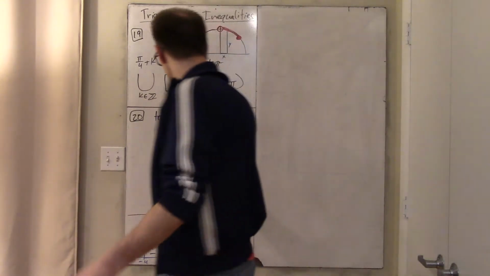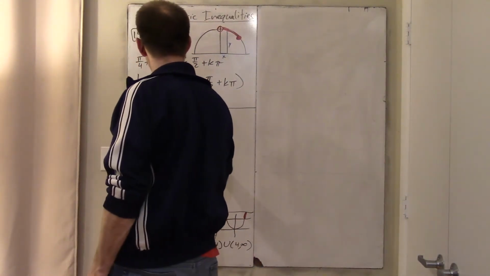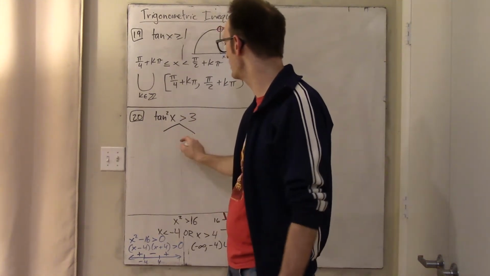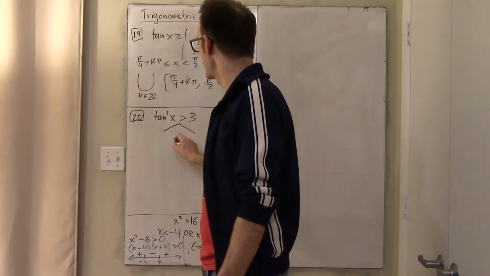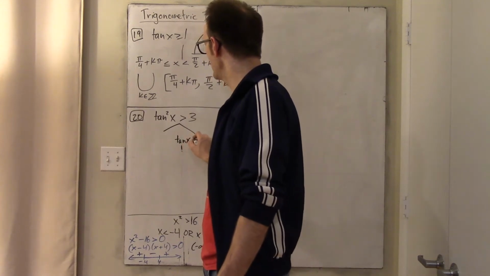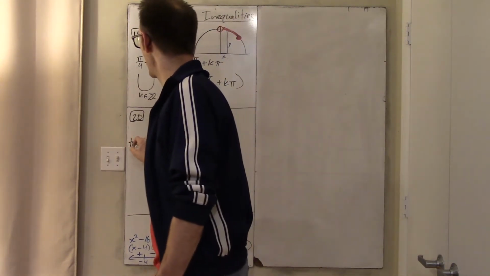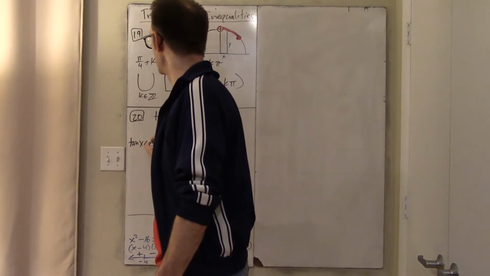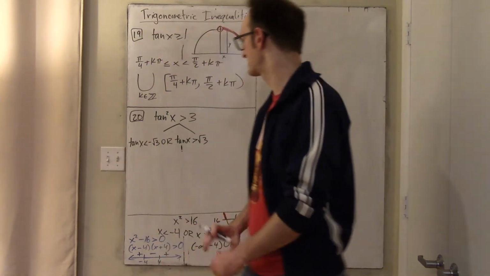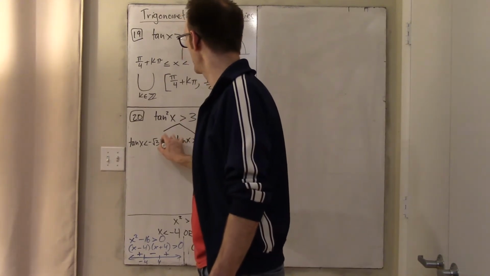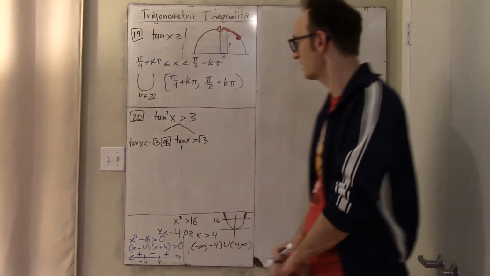In other words, I'm hoping that everyone sees that the next step to decompose this is to say it's whenever tan is bigger than root 3, or when tan is less than negative root 3.